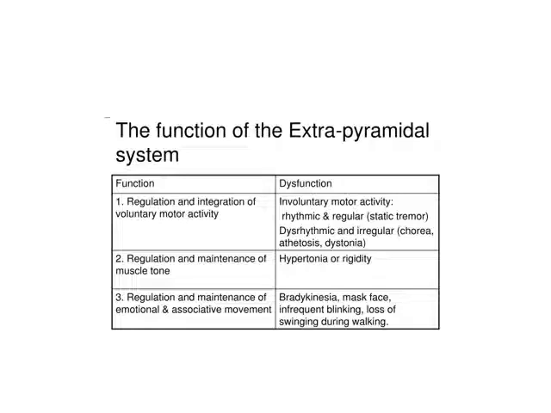The next function is regulation and maintenance of emotional and associative movements. And if this function is impaired, we have bradykinesia, which is slowness of movement all over the body, masked face with no emotions, infrequent blinking of the eyes, loss of swinging during walking.